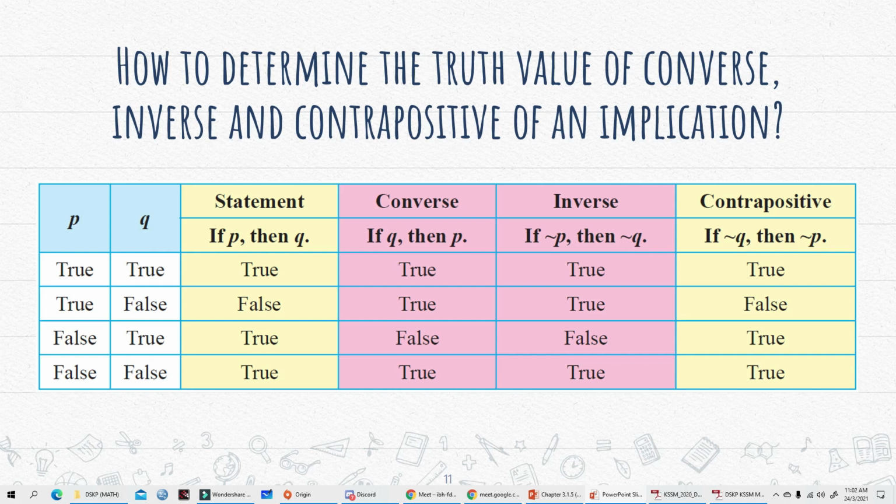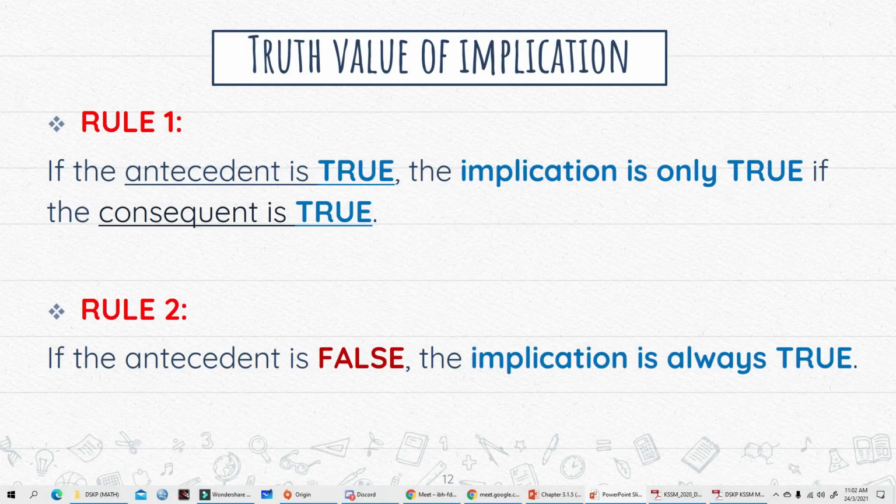First, there are two rules to determine the truth value of an implication. The first rule is, if the antecedent is true, the implication is only true if the consequent is true.